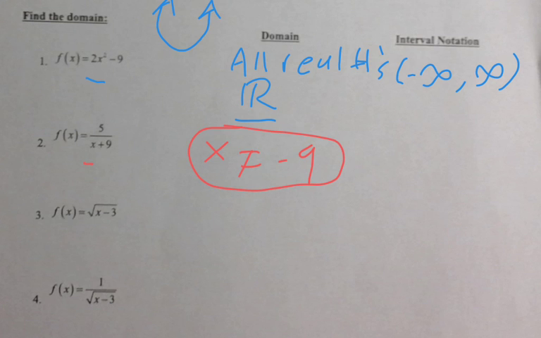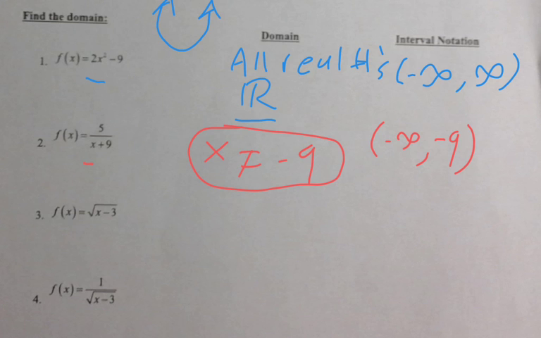But how do we write x does not equal negative 9? Anywhere to the left of, or less than, negative 9 is defined, so that's negative infinity, comma, and we know negative 9 cannot be included, so we write negative 9, parenthesis.